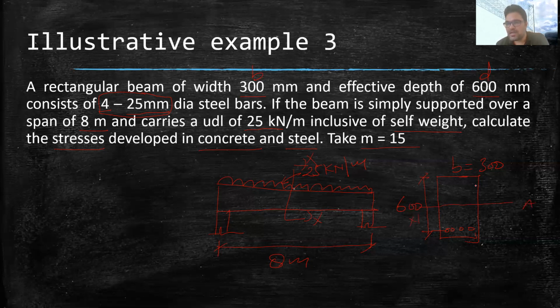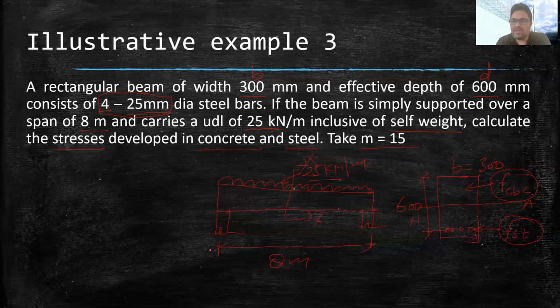So it asks how much stress this concrete is experiencing. That actual stress in the concrete, we represent by fcbc. And the actual stress experienced by this steel at this load, we represent by fst. So we have to find out the fcbc and fst values in our case.